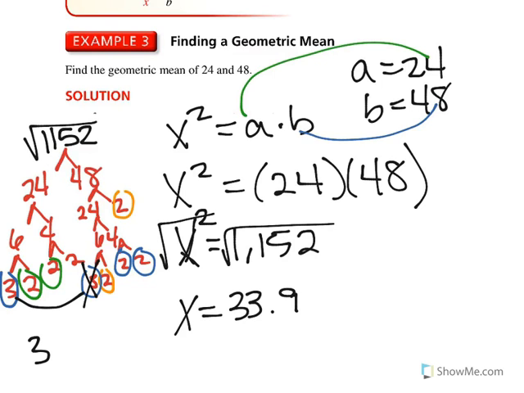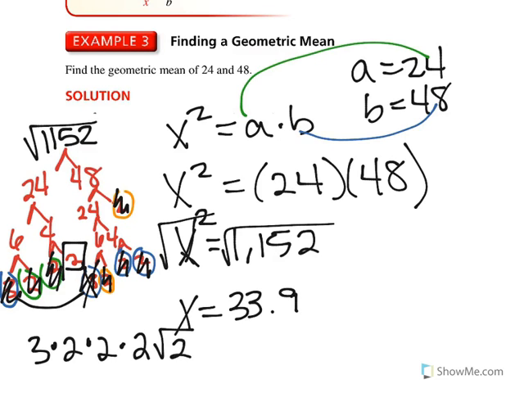Okay. So we took care of those. We have a pair of 2s, one gets crossed out. We have another pair of 2s, so one gets crossed out. And then on the last pair, we have another pair of 2s. And then we have this one lonely guy that didn't have a partner, so he's stuck inside the house.